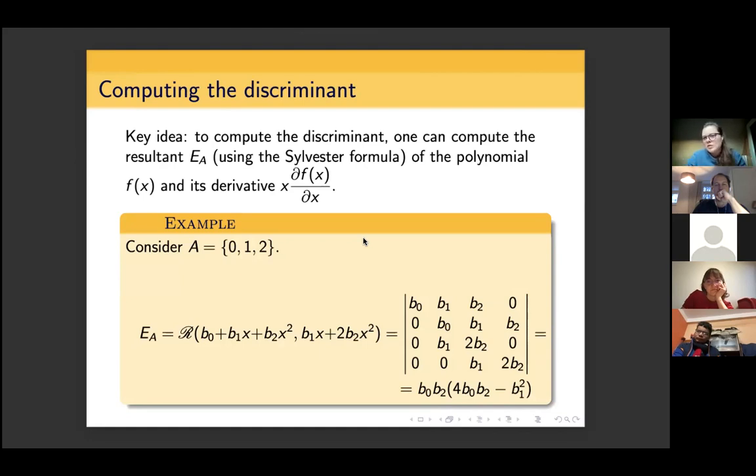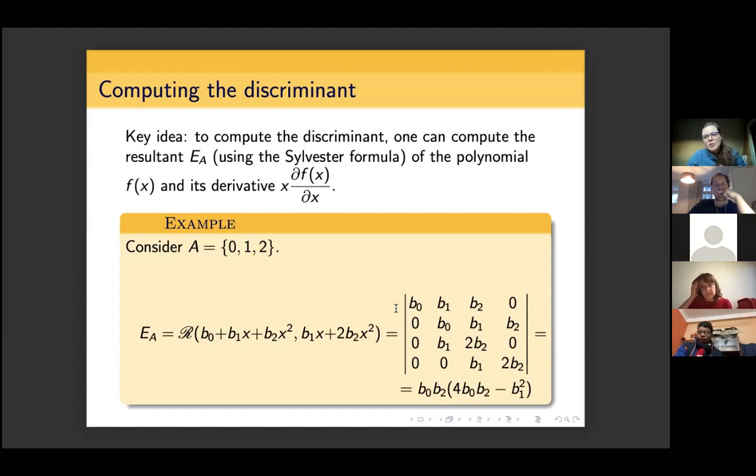That's also going to give some polynomial in their coefficients that vanishes whenever the corresponding polynomials have a common root. And one can compute the resultant explicitly using the so-called Sylvester formula. The expression will be a determinant of some big matrix, and the bigger the sets, the bigger the matrix. Say even in the case below, it's already quite big, even though it's pretty trivial.